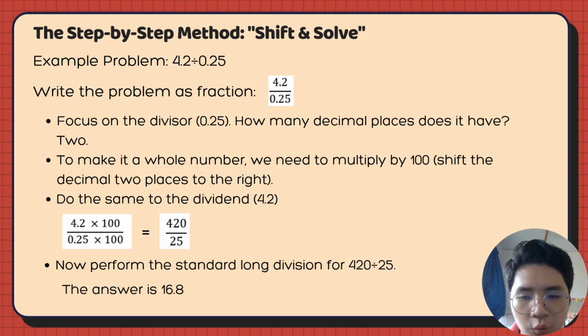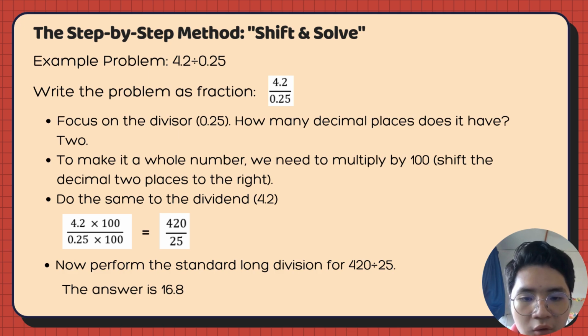The answer is 2, so to make it a whole number, we multiply by 100 and shift the decimal 2 places to the right. We do the same to the dividend 4.2. So 4.2 multiplied by 100 over 0.25 multiplied by 100 gives us 420 over 25.